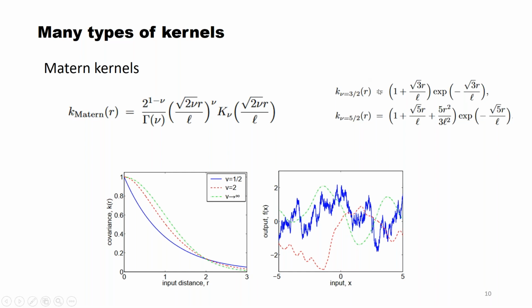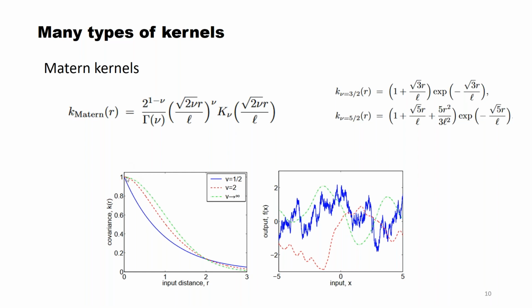If you write them out, you see that there's basically a product of an exponential correlation multiplied by a polynomial. Of course, the higher the polynomial order, the smoother the function is. In the limit of infinitely high polynomial order, you get back the squared exponential.